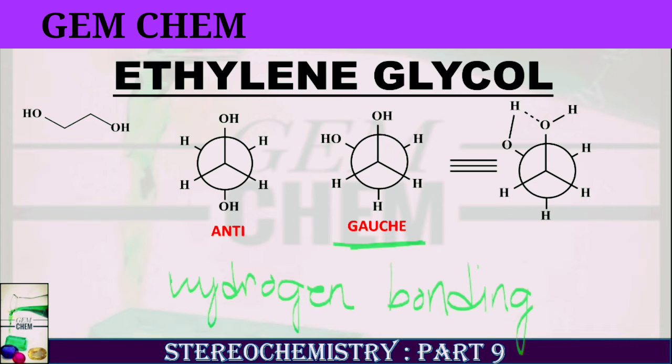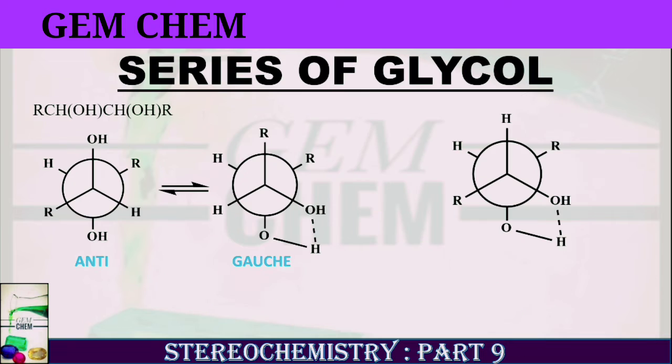Now consider a series of glycols where the general formula is RCHOH-CHOHR. Here we have two forms: the meso form and the DL form. In the meso form, the R groups, that is alkyl groups, are gauche to each other, whereas in the DL form, the R groups are anti to each other.